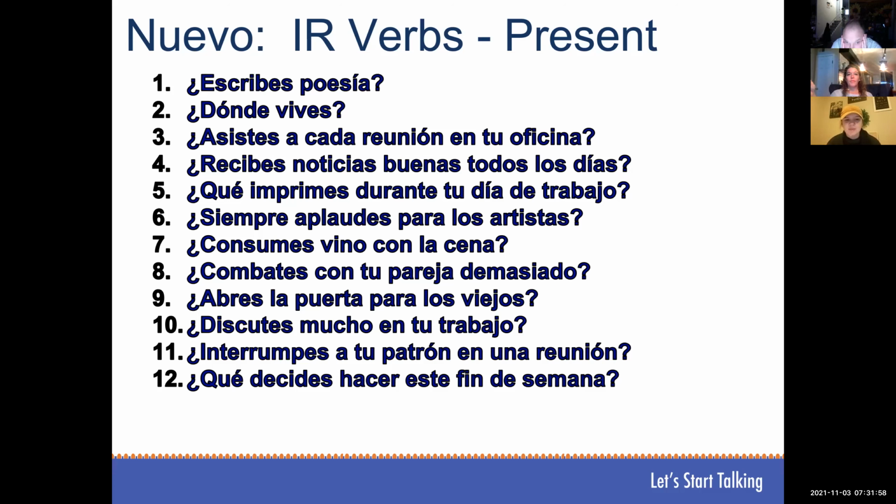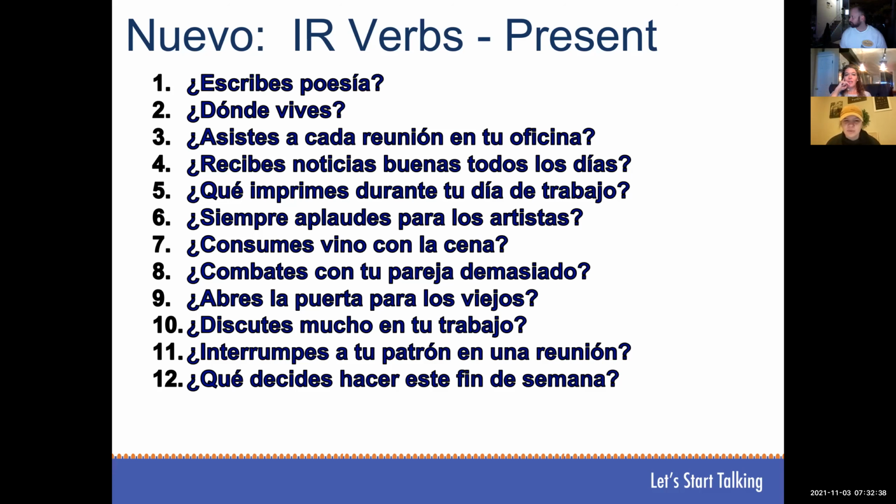Muy bien. Siempre aplaudes para los artistas. ¿Qué significa aplaudes? Oh, okay. Un aplauso, to applaud. Sí. Siempre aplaudo para los artistas. ¿Consumes vino con la cena?